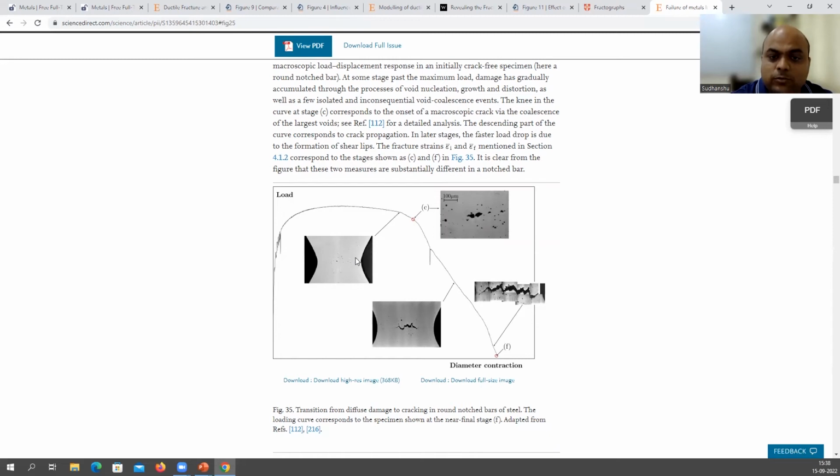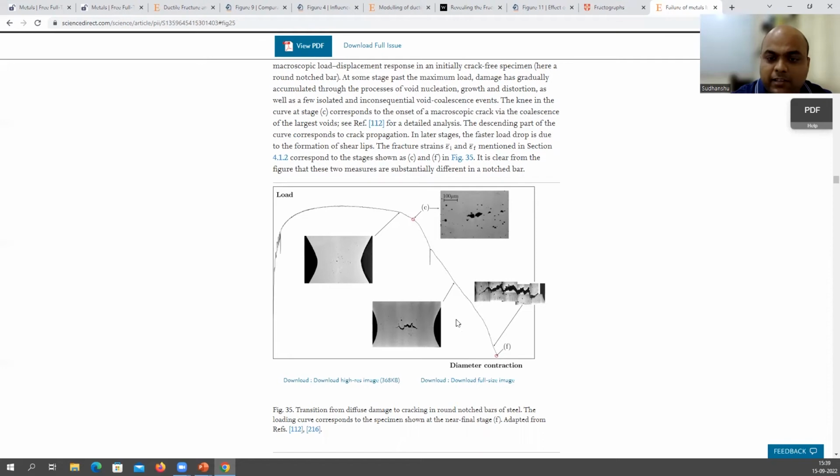Okay, and as you increase the strain, you are seeing that the voids are going to grow. That is image C here. Okay, and after some time they are going to coalesce, right? And they are going to form a cavity or a crack inside. Just remember what we discussed during the cup and cone fracture mechanism.